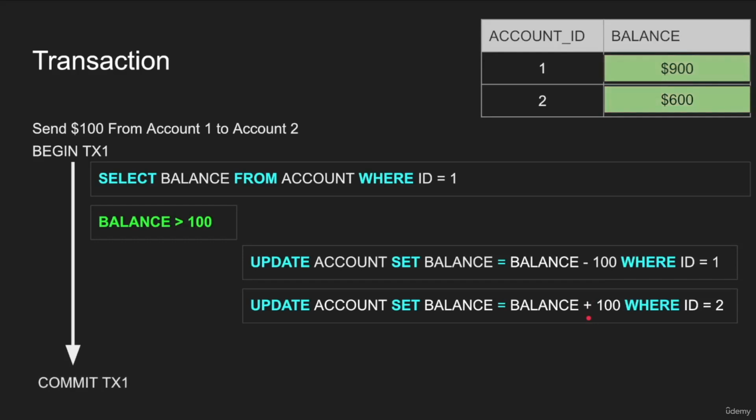There you go. Once we do that, we're happy with the changes. We commit the transaction. So both of these are physically written to the disk, and we can argue where exactly it is written. That's a different discussion.